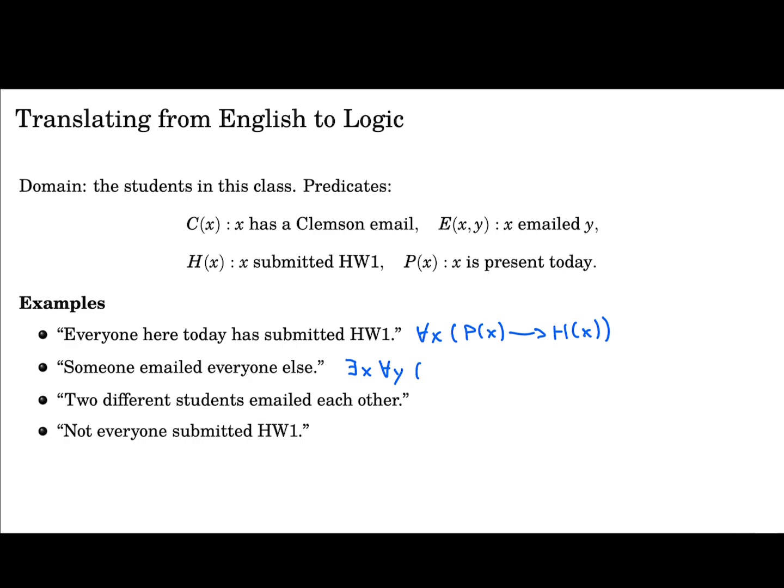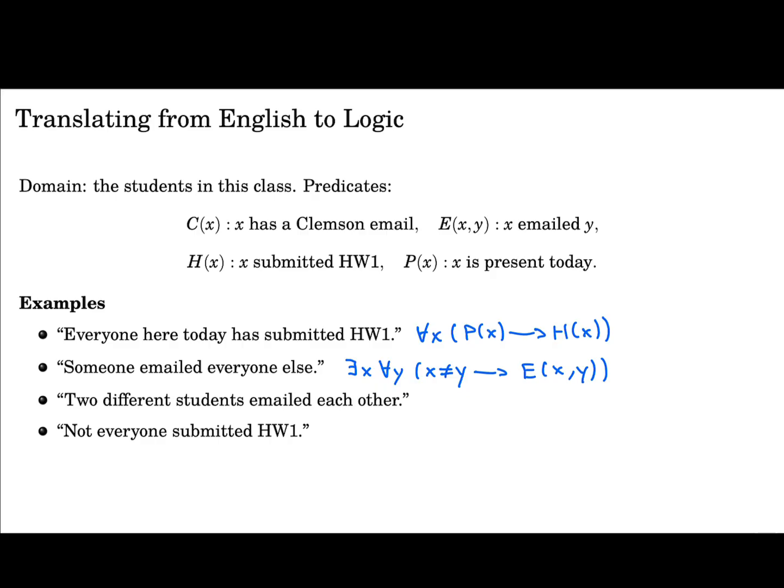So we say that if X is different than Y, then X emailed Y. So you see, here it's a bit different than saying that he emailed everyone. We're not saying that someone emailed everyone. We're saying that someone emailed everyone else, which does not include them. So there exists an X such that for every Y, if X is different than Y, then X emailed Y.